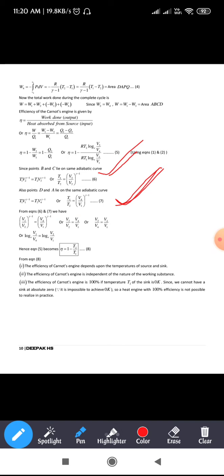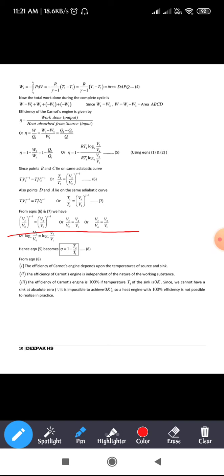So comparing equations 6 and 7, you get V3 divided by V2 to the power of gamma minus 1 is equal to V4 divided by V1 to the power of gamma minus 1. So gamma minus 1 on the LHS and gamma minus 1 on the RHS get cancelled out.